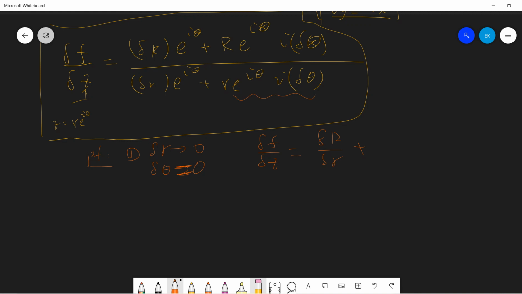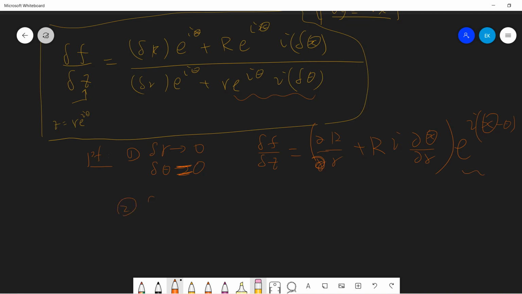So we get the partial of capital Theta with respect to partial r, and I change this to a partial derivative because now the direction is fixed, times this exponential. The capital delta minus small delta terms cancel, because everything is the same.